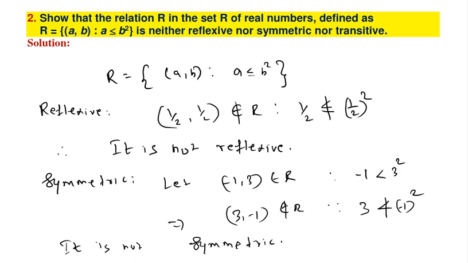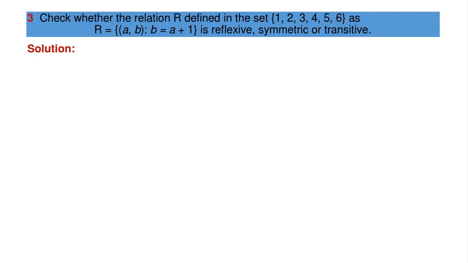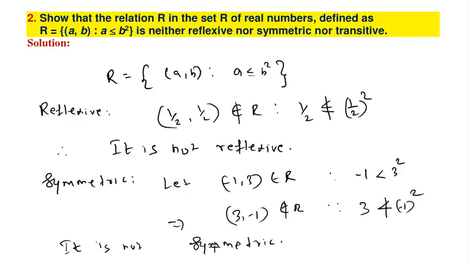It is not symmetric. We have to discuss one more thing: we have to say it is not transitive. To show it is not transitive, we can prove it with the help of another example.